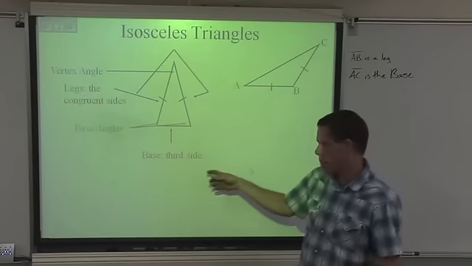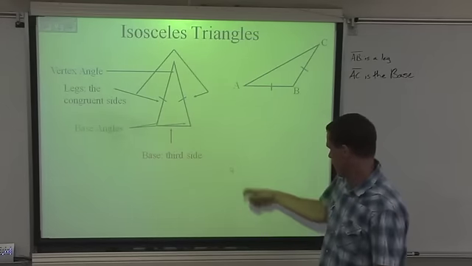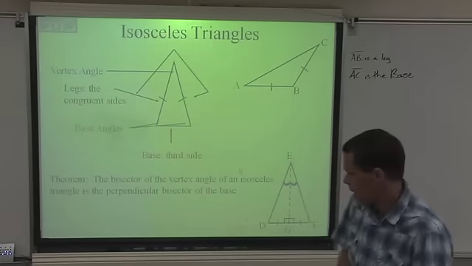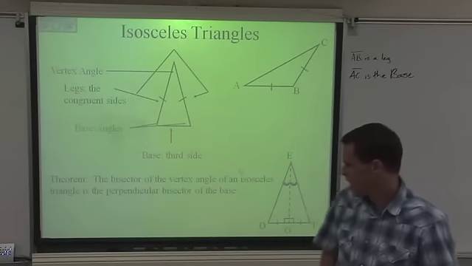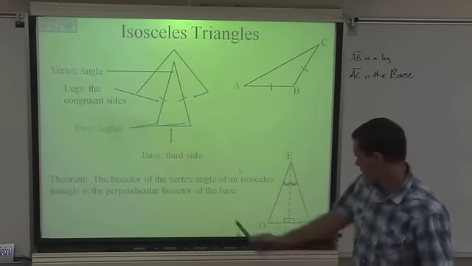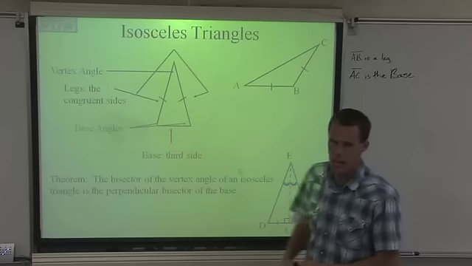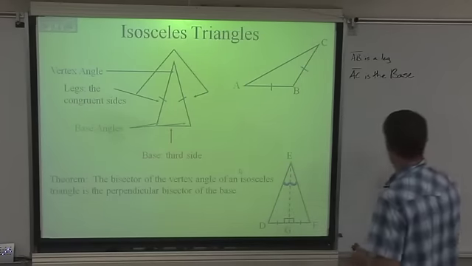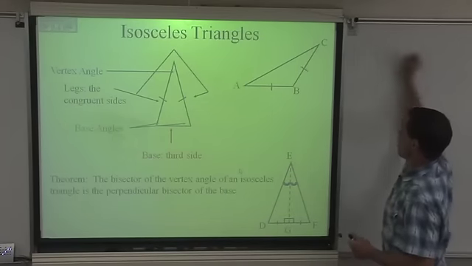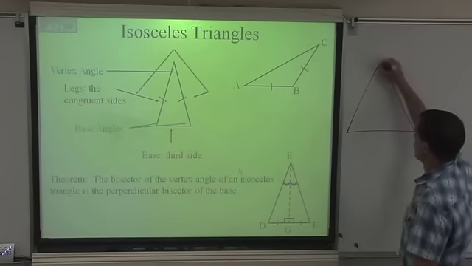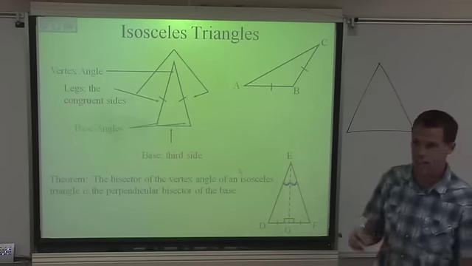Okay, now that we have the different parts of a triangle, we're going to go to the first theorem. Now, this theorem doesn't have a name, and what we're going to look at is the bisector of the vertex angle of an isosceles triangle. I want to make a drawing to show you where I start. First, just a triangle that is isosceles.